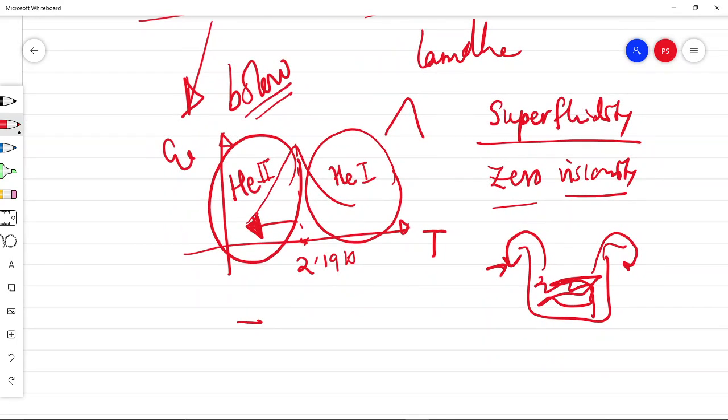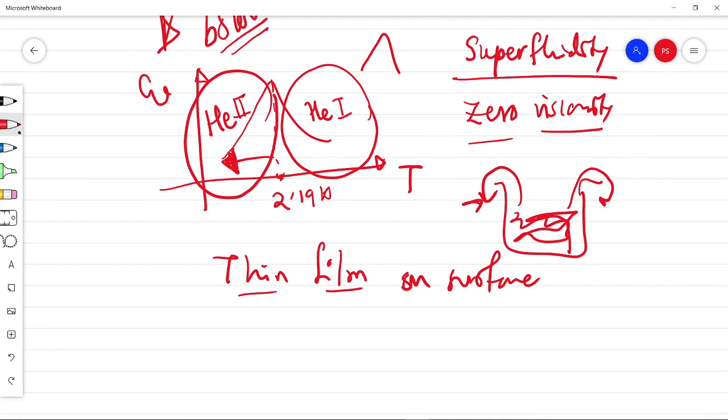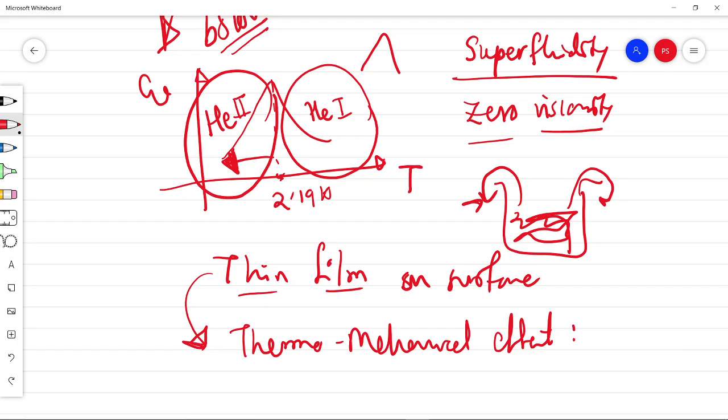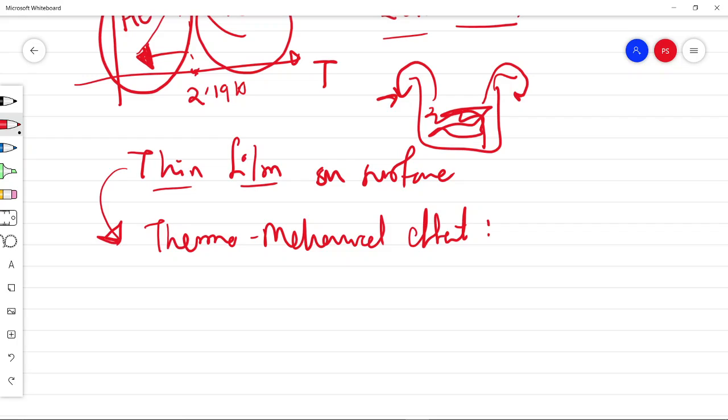So it forms a thin film on the surface of any solid in contact with it. A typical effect connected to this is the thermomechanical effect, which means that the liquid helium film moves from a region of lower temperature to a region of higher temperature.